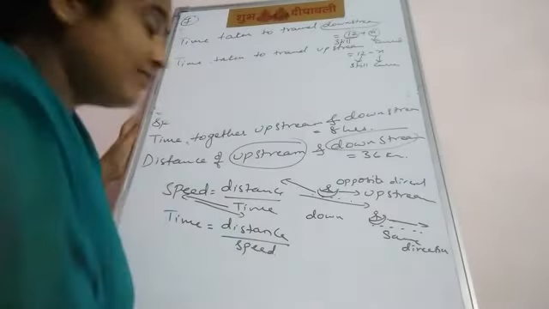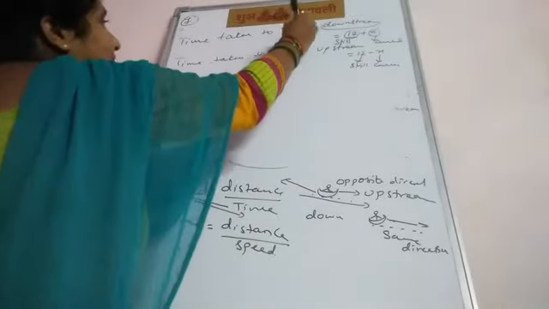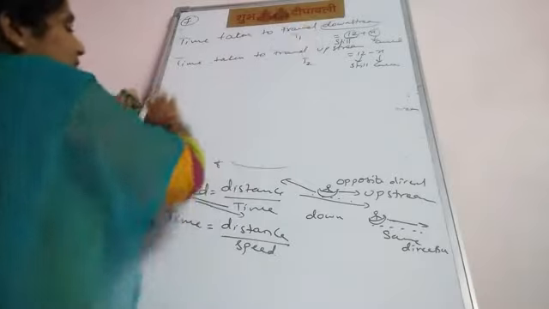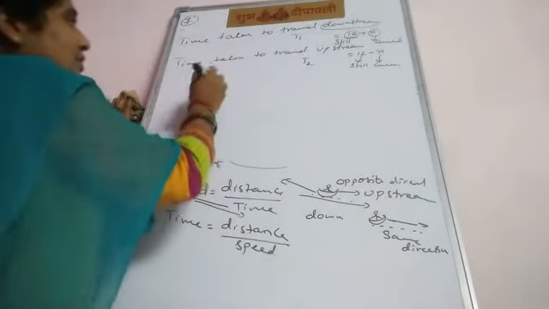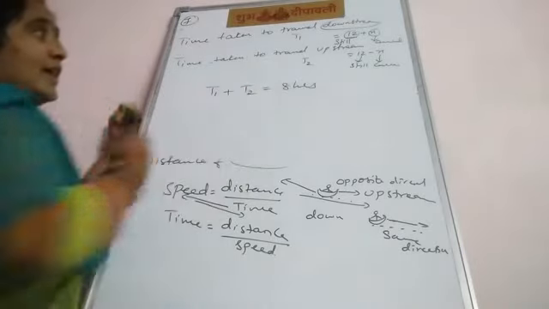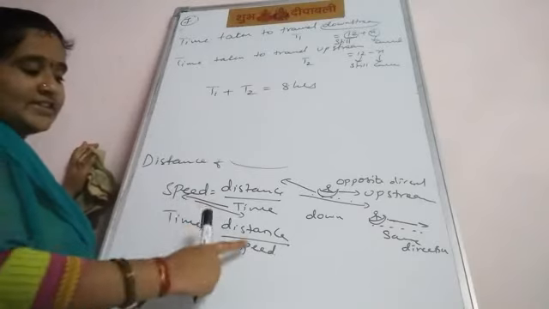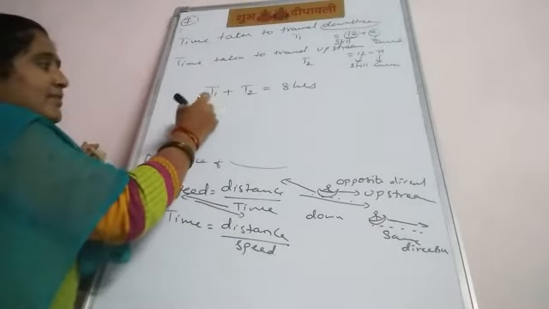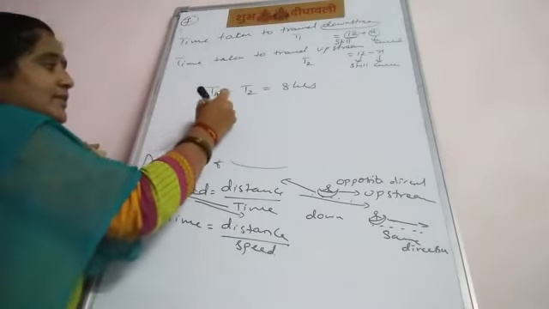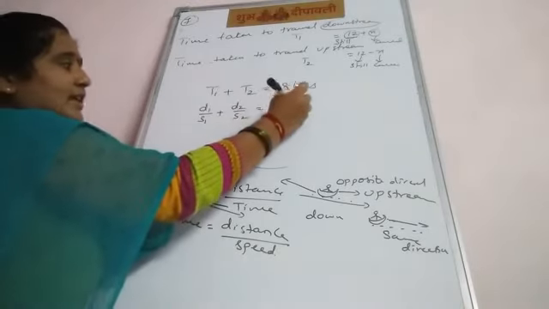Now the condition: consider T1 for this one and T2 for this. Together, T1 plus T2 equals how many hours? 8 hours. Now the formula: distance upon speed. d1 upon s1 plus d2 upon s2 equals 8 hours.